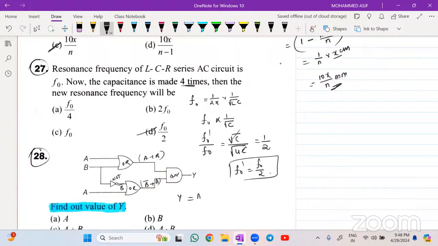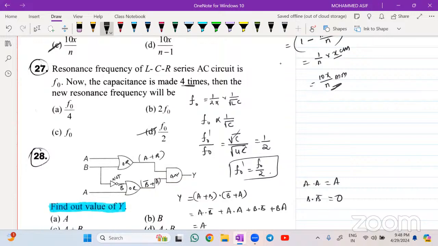So the Y value becomes A plus B, and this one is dot B bar plus A. Then you just have to multiply this. So it is A dot B bar plus A dot A plus B dot B bar plus B into A. And you already know that A dot A is always equal to A, and B bar dot B bar will be equal to 0.